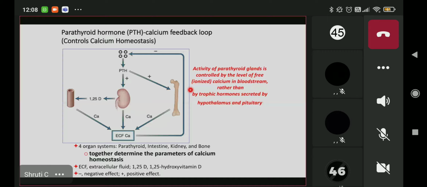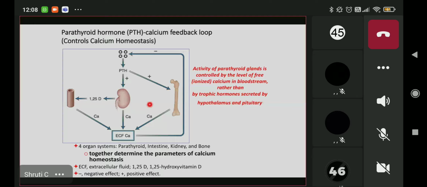What does parathyroid hormone do? It acts on the kidney, and it increases the renal tubular reabsorption of calcium. Therefore, it conserves free calcium, and it increases the level of extracellular fluid calcium. Okay, it also acts on the intestine and increases the absorption of calcium again.